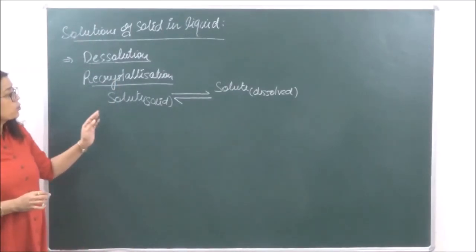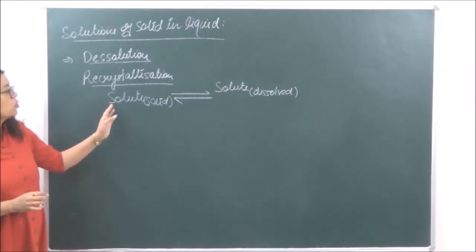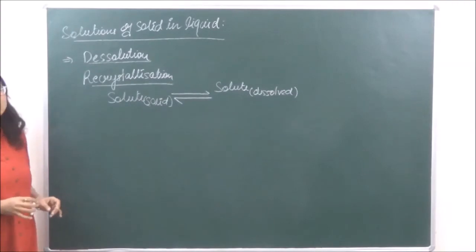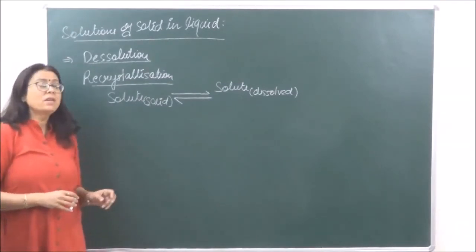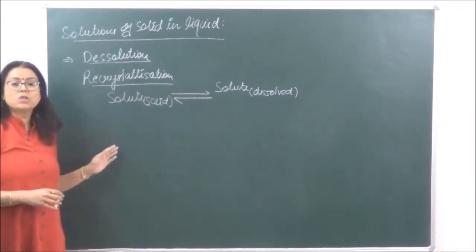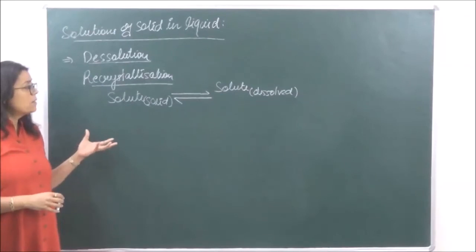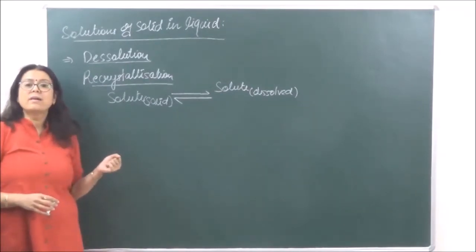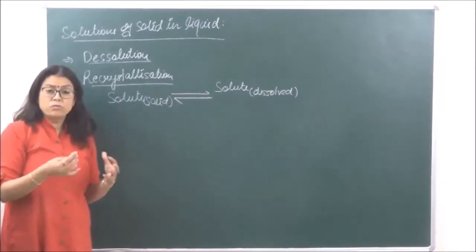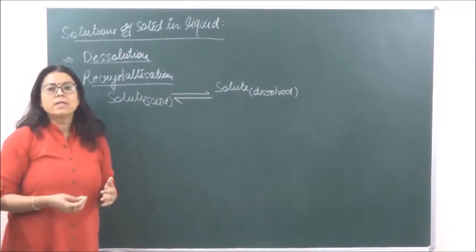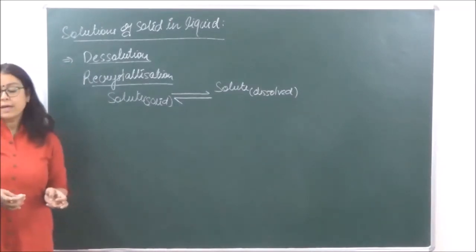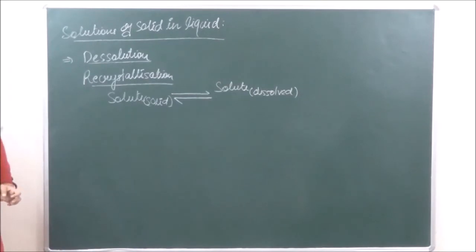If we are talking of this equation, the solute in the solid state and the solute in the dissolved state are in dynamic equilibrium with each other, which means this keeps changing into that, and that keeps changing into this. And at equilibrium, both the processes occur at the same pace. So that is the reason we cannot see the change. We know what equilibrium is: when the forward reaction becomes equal to the backward reaction. So at equilibrium, we can see both.